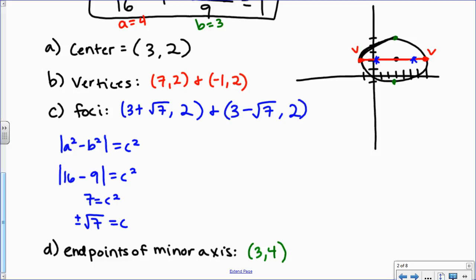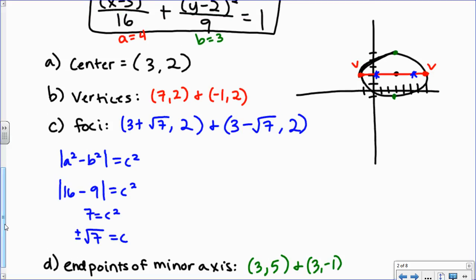No, 1, 2, 3, 4, 5. That should be 3, 5. 3, 5. And 3, negative 1. And then part E was the sketch.